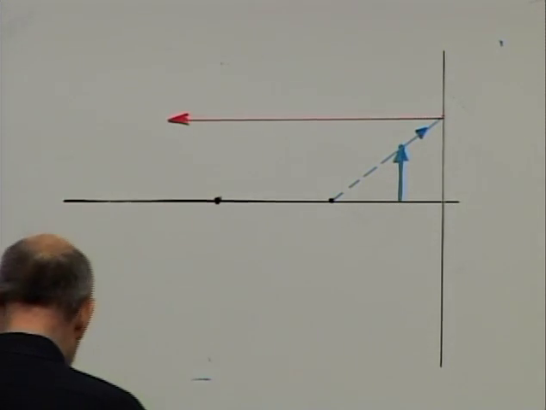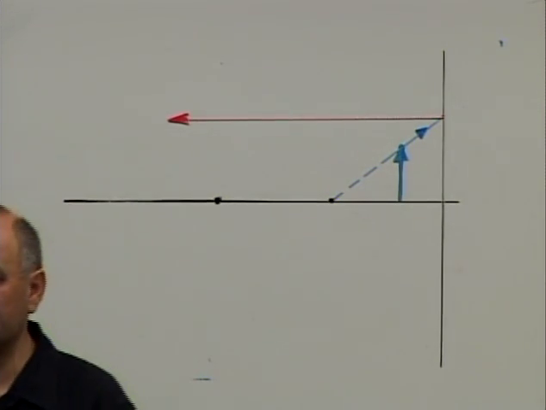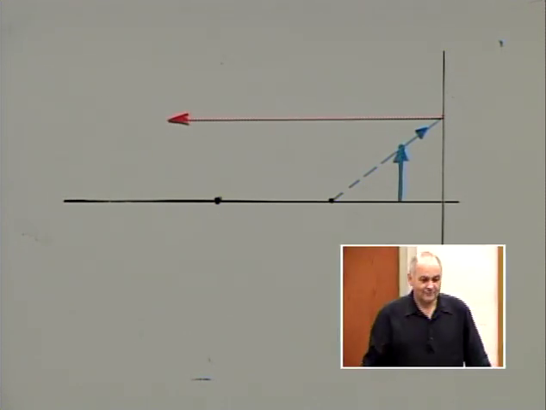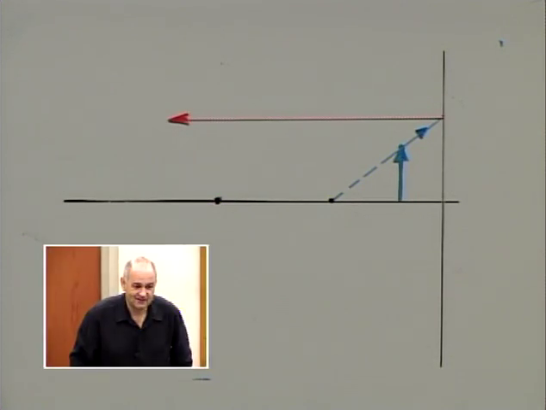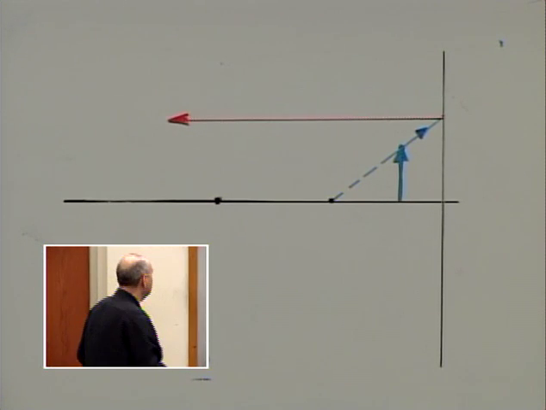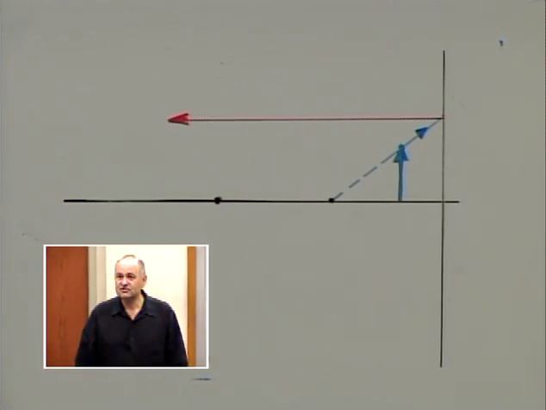Okay, so we traced one ray. Give me a suggestion for another one. Would you like to give me a suggestion for a ray? Which one? Object focal. Let's use object focal. We have already used it. Chief ray.